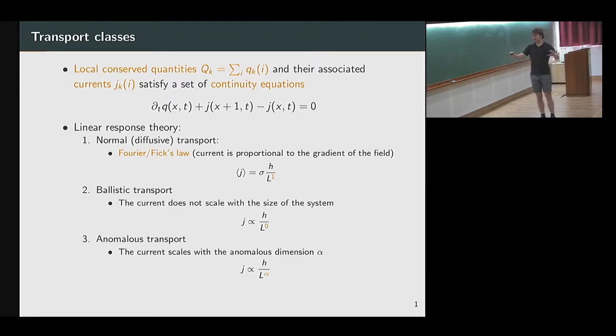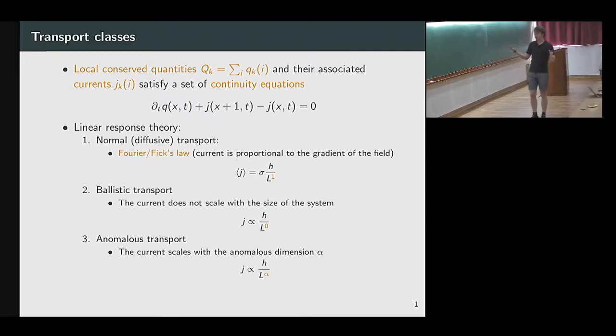Let's say I have my one-dimensional chain, and I couple it at the ends to some leads, which pump in some energy or spin or charge from one side, and I take it out on the other side of the chain. Then, depending on the type of system, different things can happen.